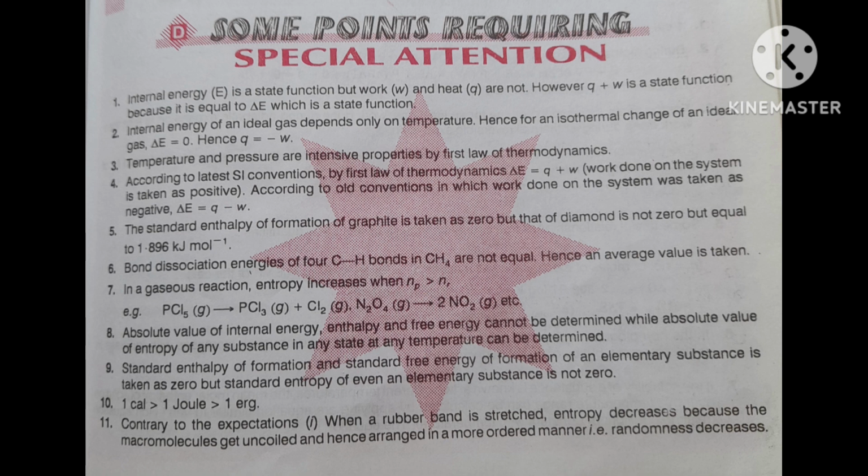Example: dissociation of PCl5, it breaks into PCl3 plus Cl2. PCl5 is a gas, but when it dissociates, it gives 1 mole of PCl3 gas plus 1 mole of chlorine gas, meaning 2 moles of product.